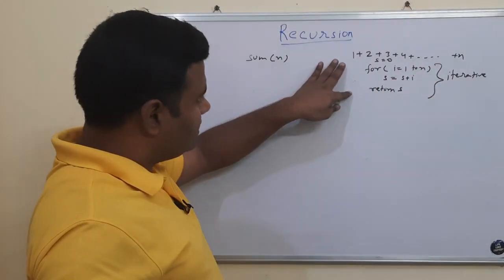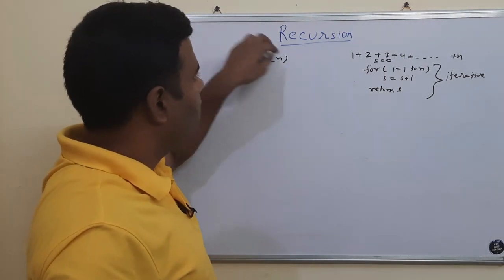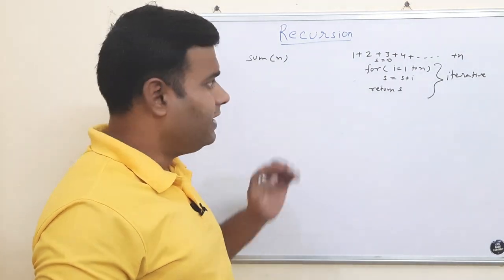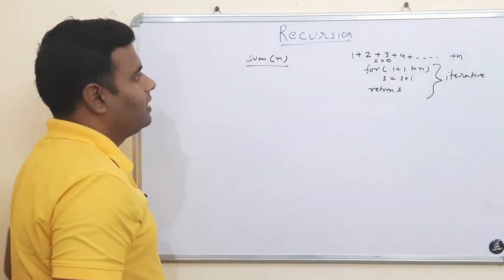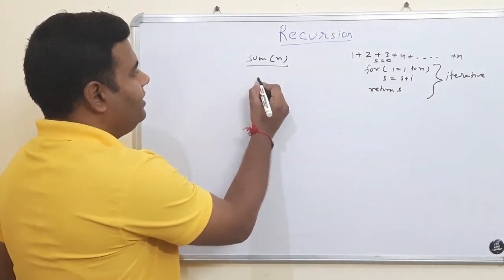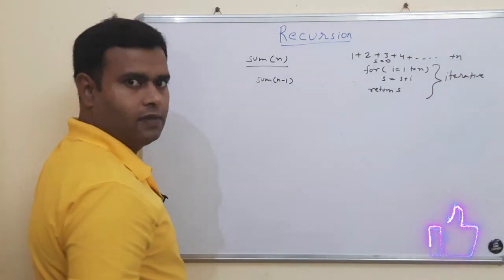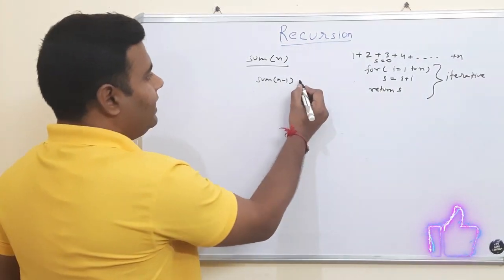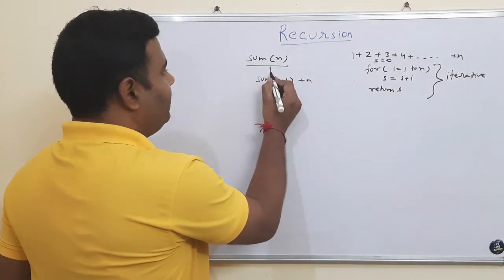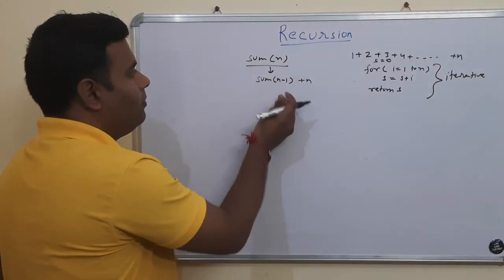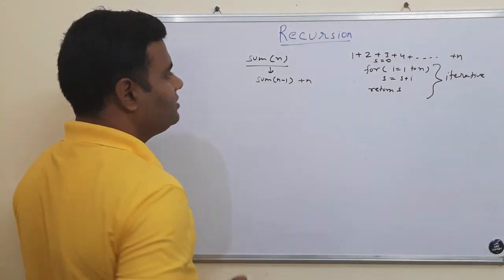Now let's see the same problem, which is very small and simple, and solve it using recursion. Can we solve that? If, instead of finding the sum, I find the sum of n minus 1, and then I add n, right? So we have divided this big problem into the smaller problem where the sum of n minus 1 is found.